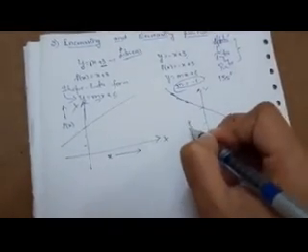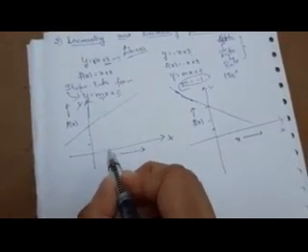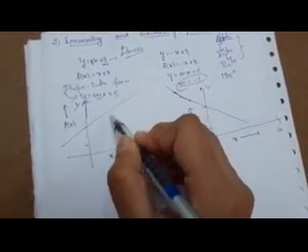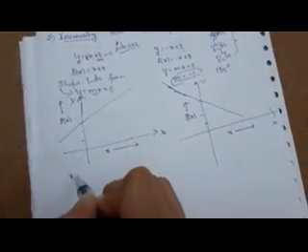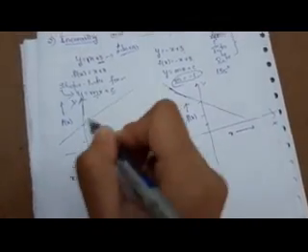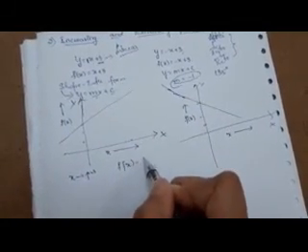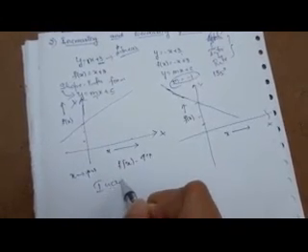In the first case, as x is increasing, our f of x also goes on increasing step by step. So such type of functions are called what?